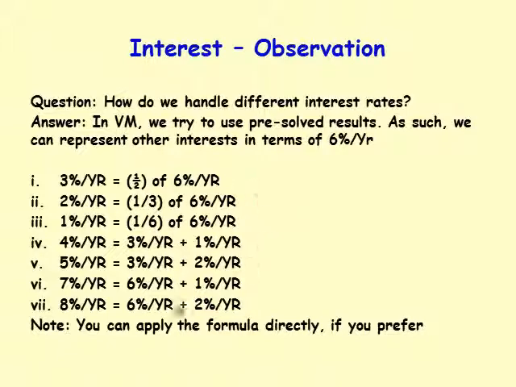But if you prefer, you can apply the formula directly. If this seemed a little too cumbersome, you can apply the formula directly if you prefer. These are just ways to use the pre-solved results. We know 6% per year for 60 days is 1 cent for every dollar.